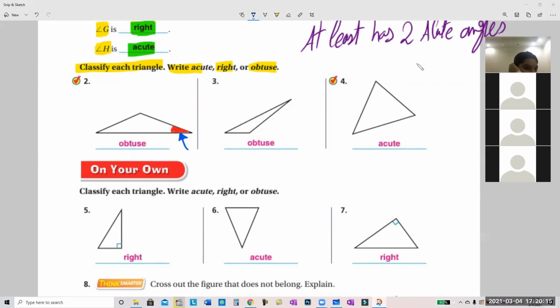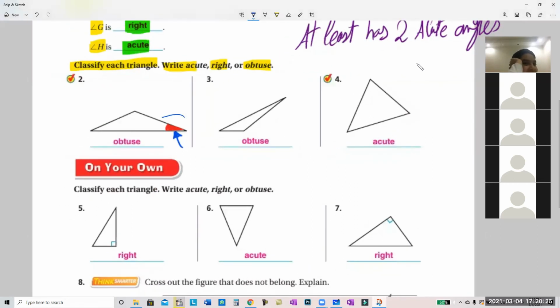I don't think so. Okay, let me ask Rakan. Yes, Rakan, what about this angle? Acute. This angle, acute, excellent, because we have a small space between the two rays, right? So it will be acute angle, okay? Okay, what about this angle?